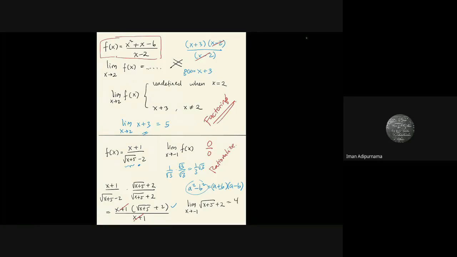But again, when we remove this x plus 1, canceling each other, it became another function. It's not the same function as the original one. So what's happening is the same as before. It will be undefined at some point, but defined at other points.